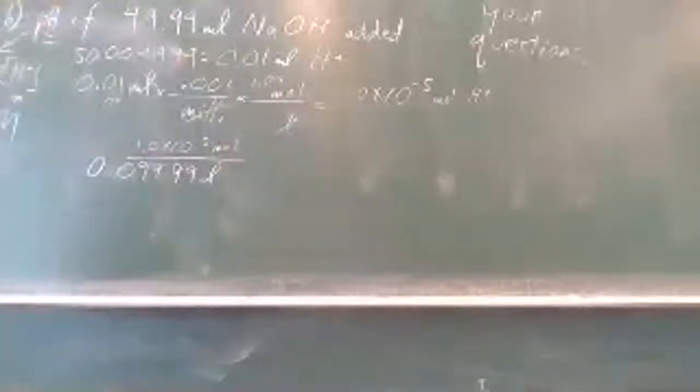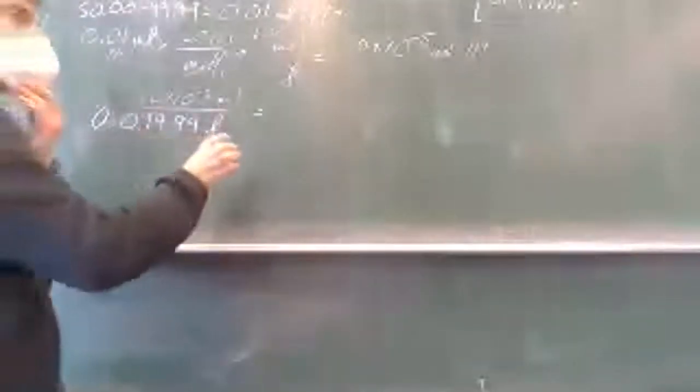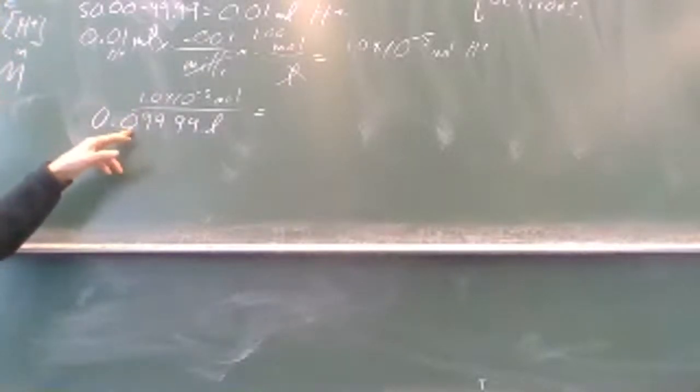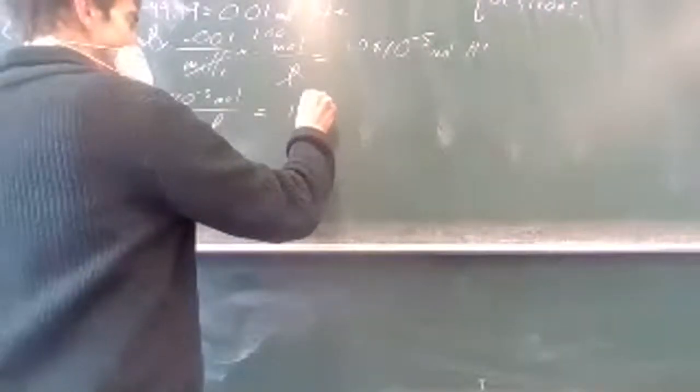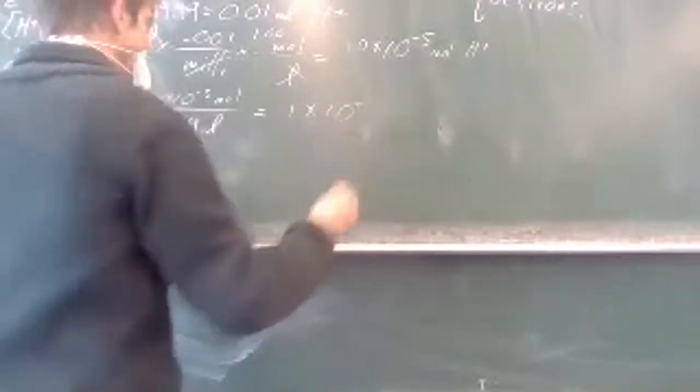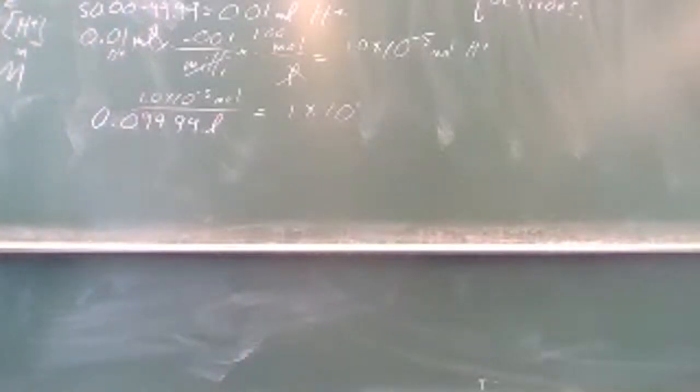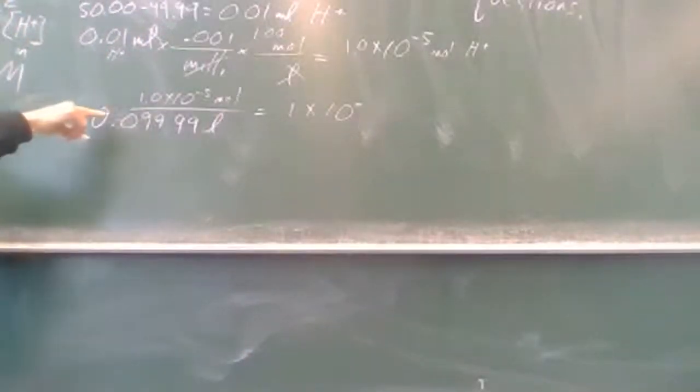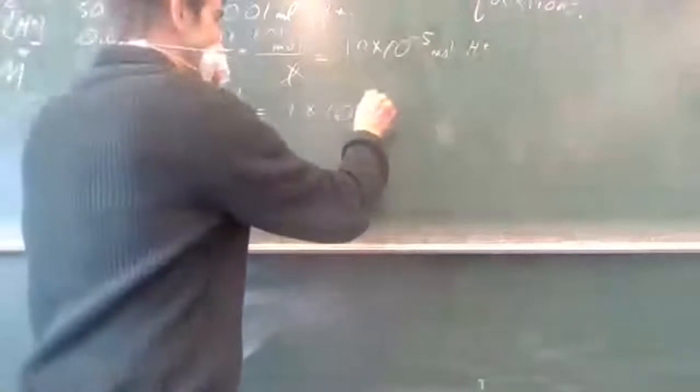Okay, so now let's try it. So that's essentially dividing by 0.1. Either somebody punch it out or do it mentally. You're dividing by 0.1, essentially. I think that's it. 1 times 10 negative... oh, wait a minute. Yeah, negative 5 over negative 1 would be negative 4. Negative 4.